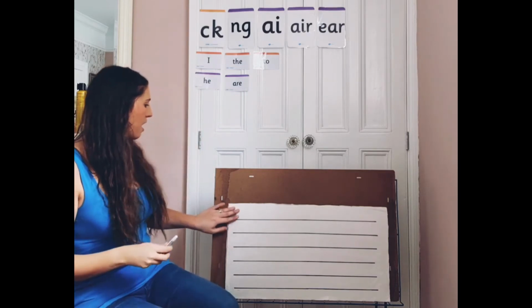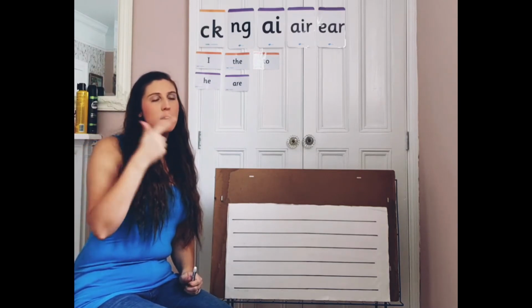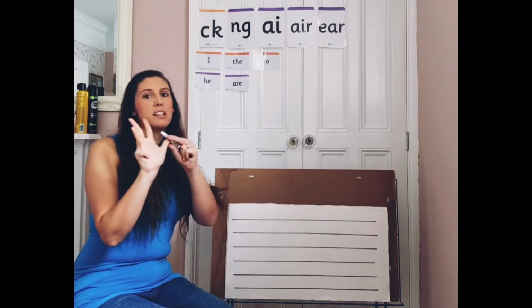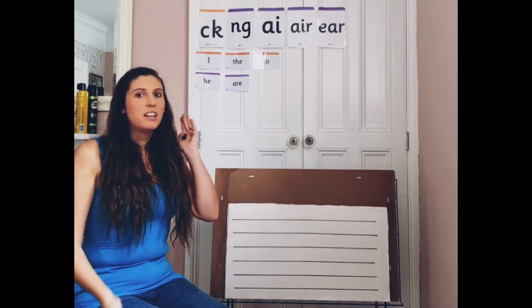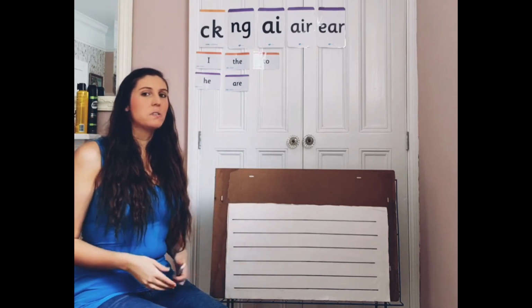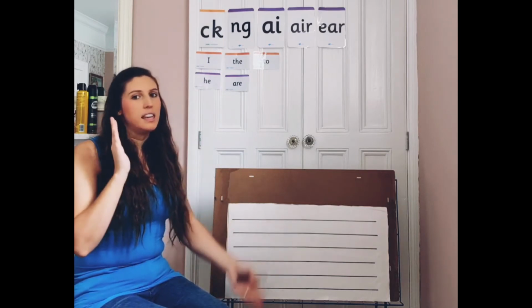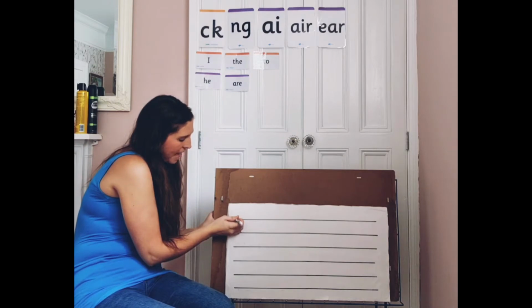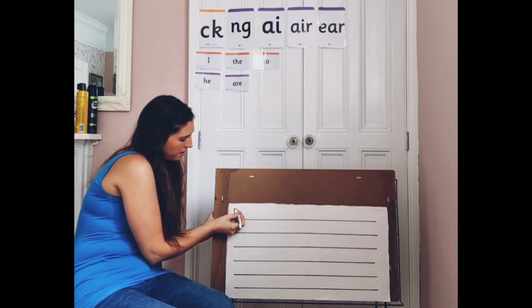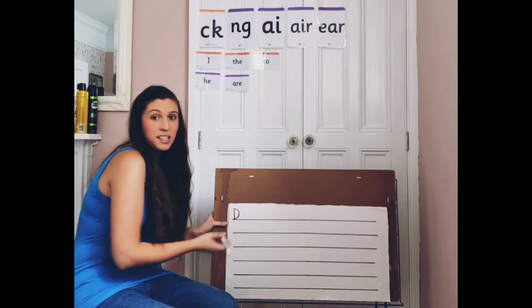Okay, so we're going to start with our first word. Dear Mum and Dad. First word was dear. Okay, let's sound out the word dear. D, ear. There's 2 sounds in that word. D, ear, dear. So we're going to start with a capital D because it's the beginning of our sentence.